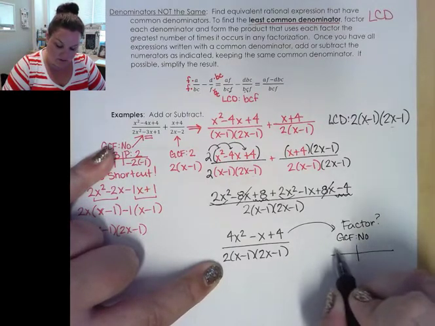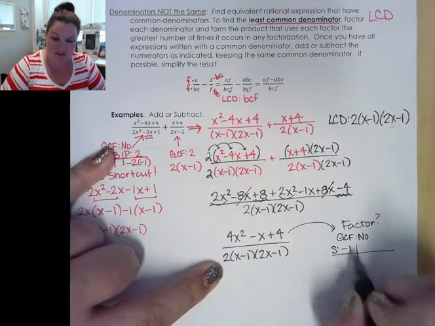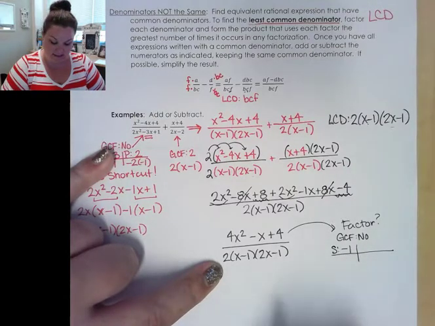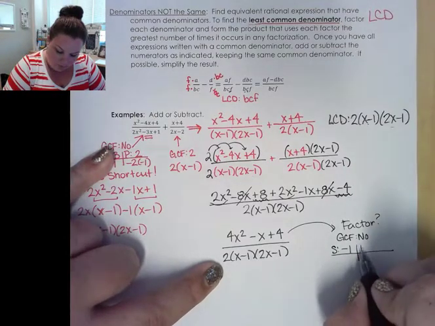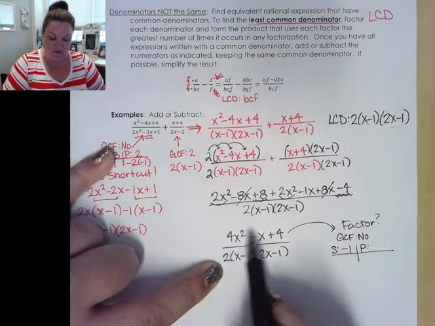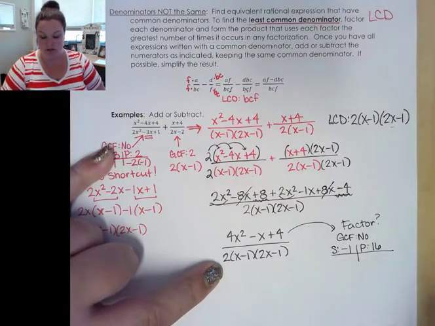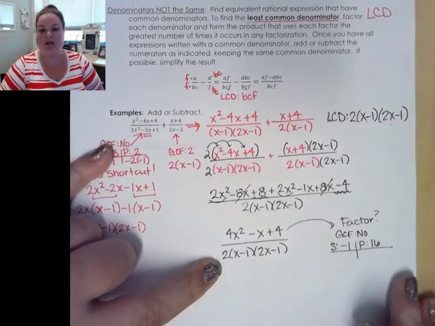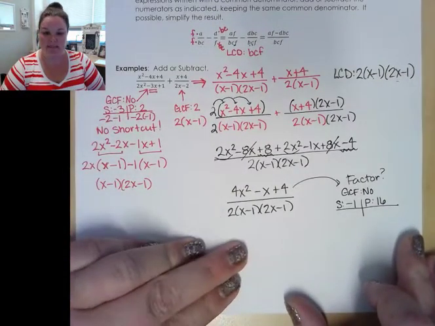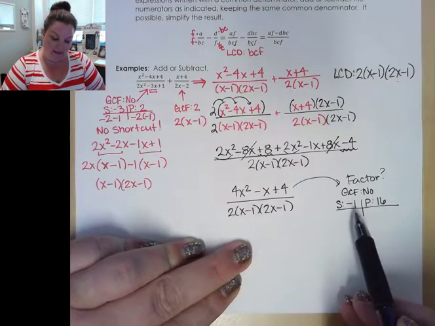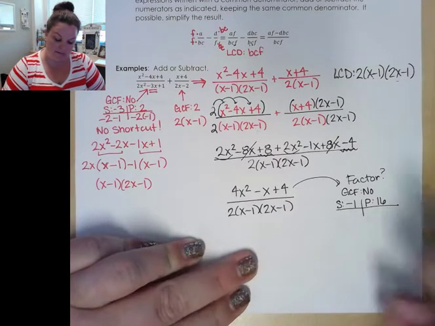And then we do our sum product. Our sum is our middle coefficient, which in this case is a -1, and our product is our first coefficient times our last, which gives us a 16. So we're looking for numbers that multiply to give us 16 that can combine to a -1. Right?